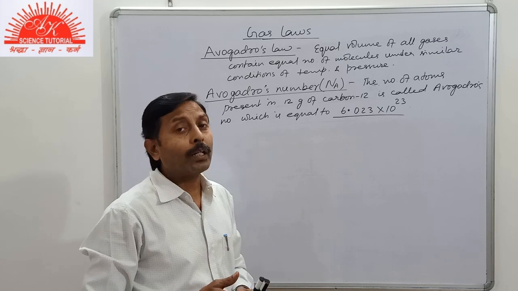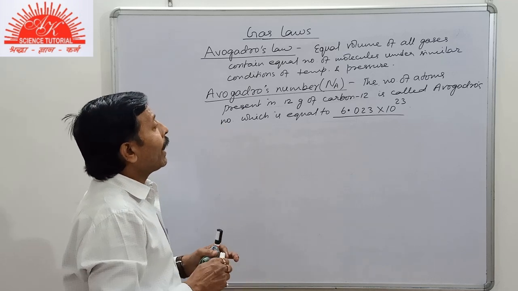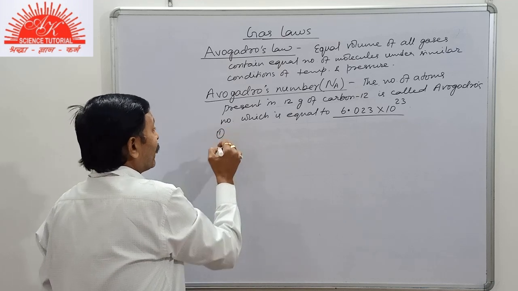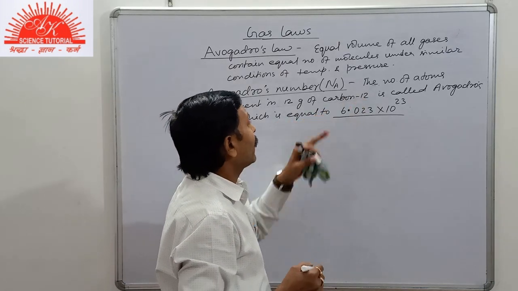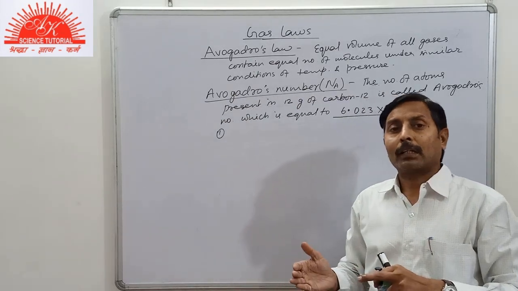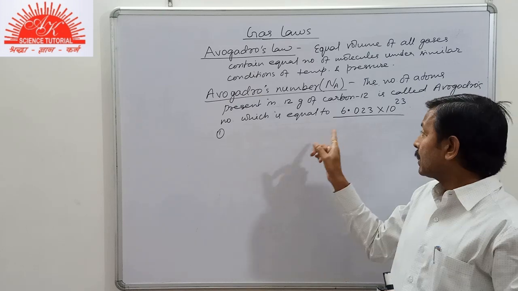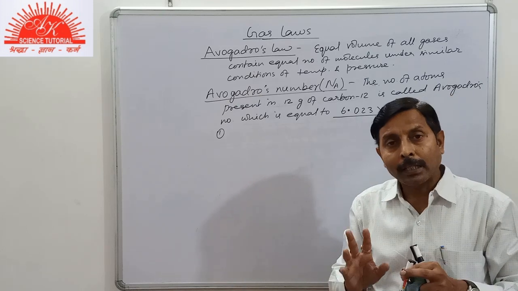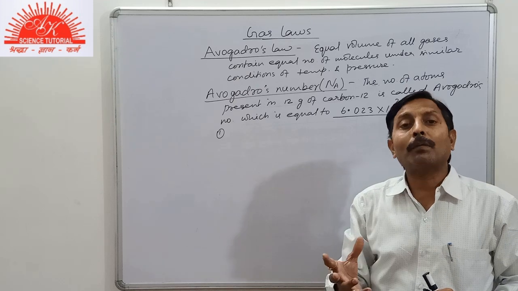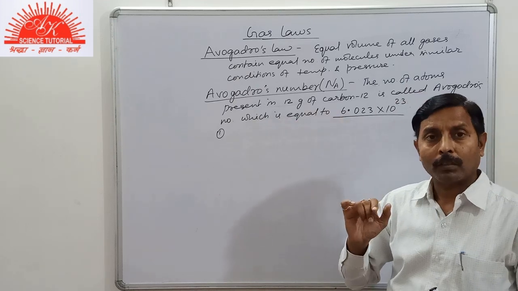Now students, one more thing. Since we know that in C12, 12 is the atomic mass of carbon, if we compare, we say that 12 gram of carbon contains this much number of atoms, meaning in the gram atomic mass of carbon we have this much number of atoms.